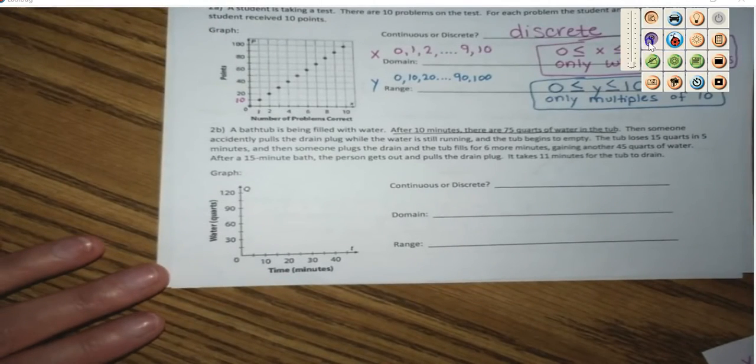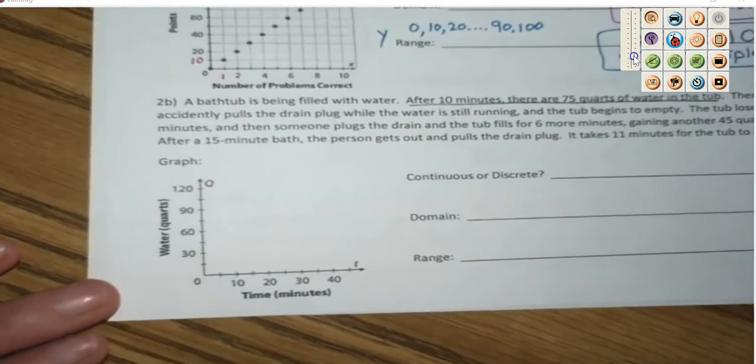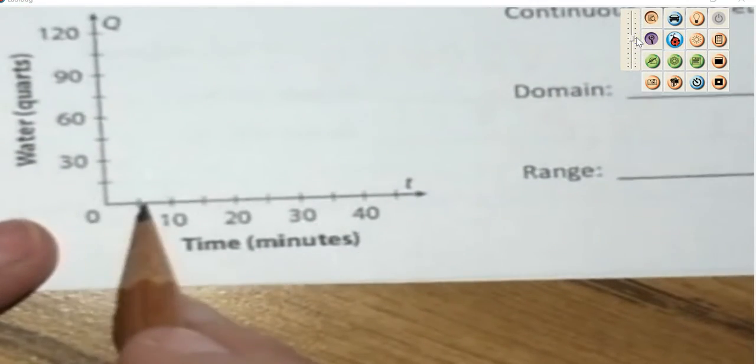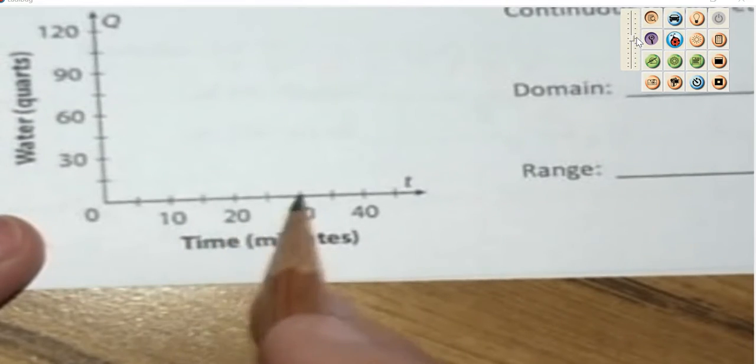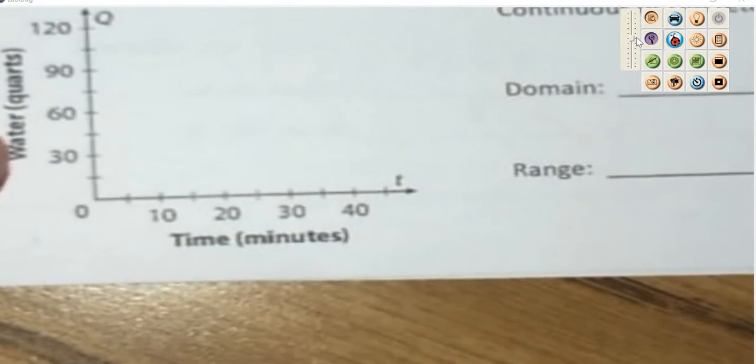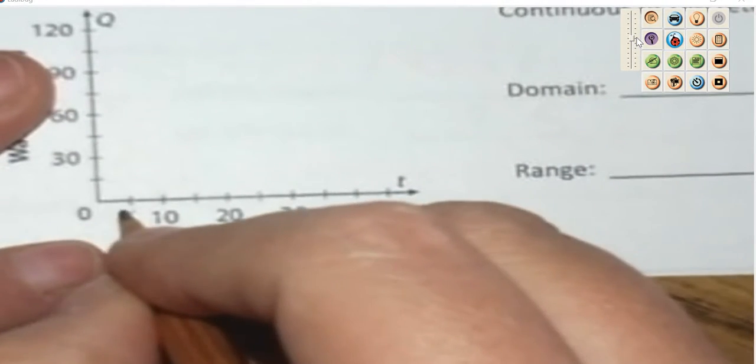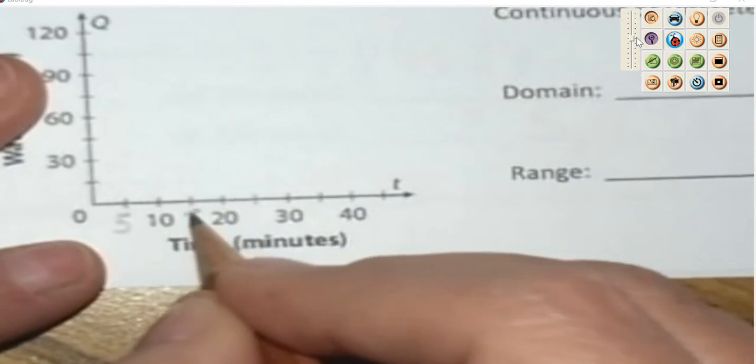So let's look at our x and y axis and make sure we have our intervals. So looking at the x-axis, 0, blank, 10, blank, 20, blank. So what are these going up by, everybody? If you want to, you can fill in the additional ones if that helps you.